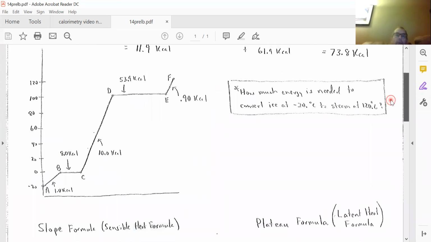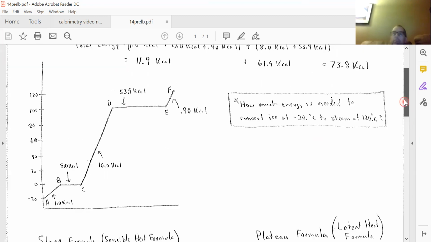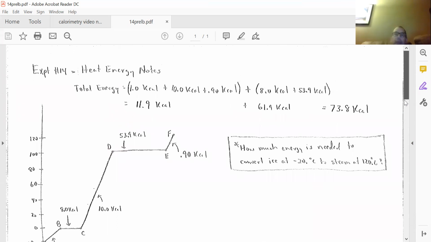We can see that the 8.0 goes here, and the 53.9 goes here. If we add all these things up, from the slope, the 1, the 10, and the 0.9 add up to 11.9. And the phase changes, look at all that energy there, and ultimately we get 73.8 kcals.